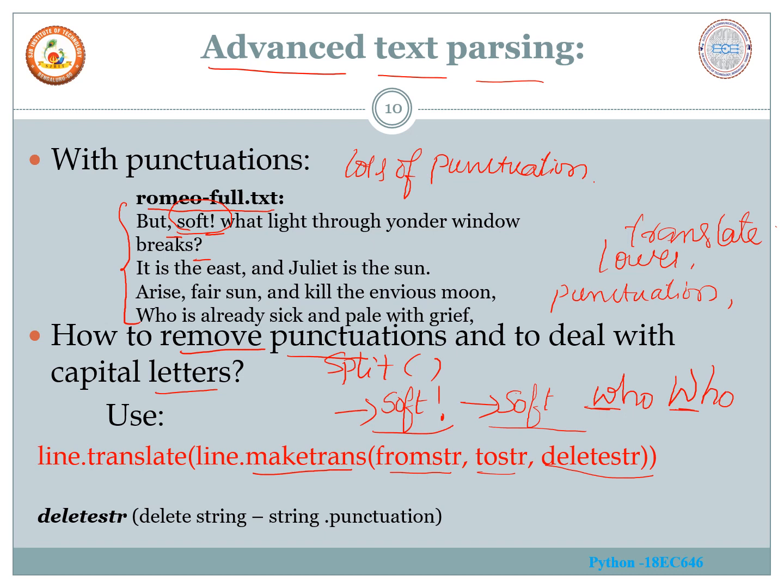Here the from string and to string can be empty strings also, and the delete string parameter can be omitted. Here we will not specify the table, but we will use the delete characters parameter to delete all of the punctuation.